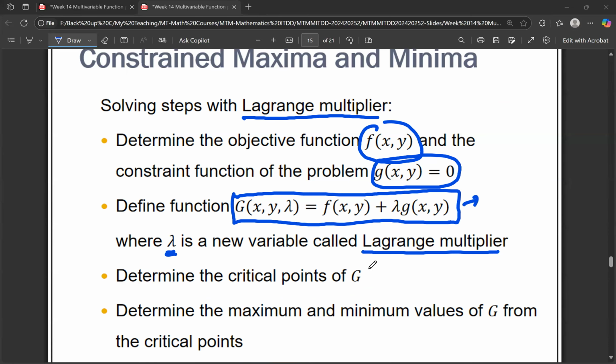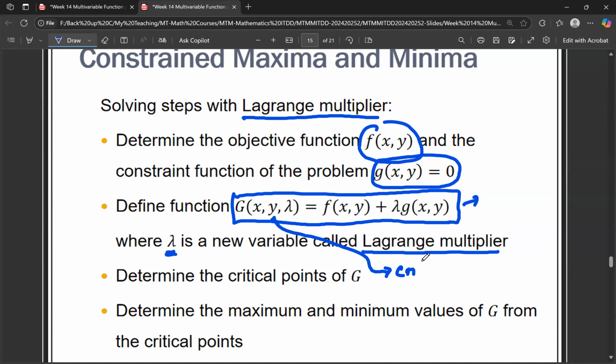And then by using this function, we must find the critical points. So find the critical points by setting the derivative with respect to x equal to 0, the derivative with respect to y, and the derivative with respect to lambda equal to 0.